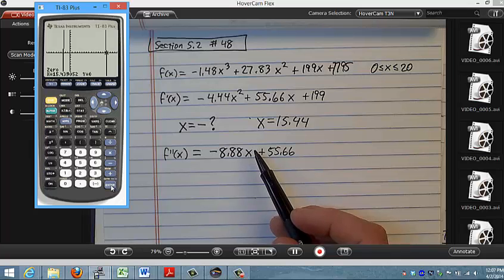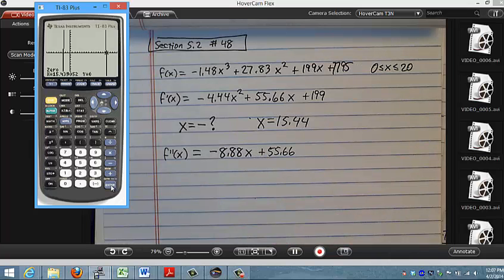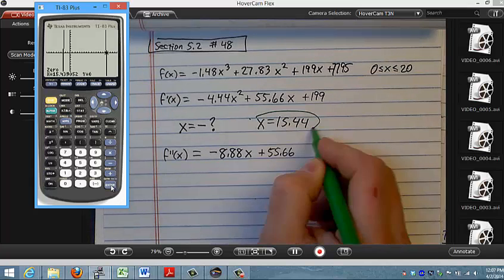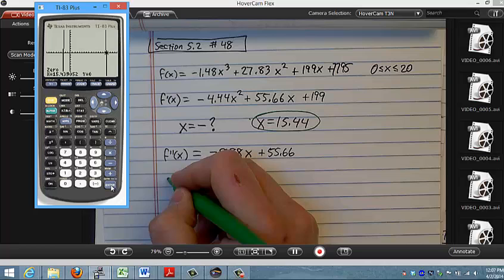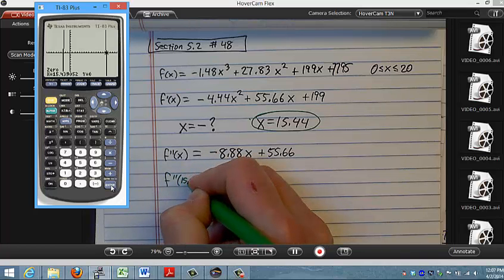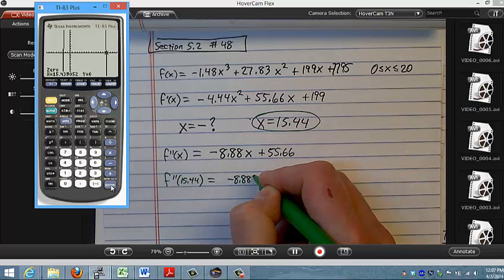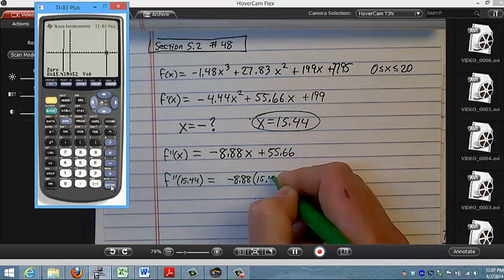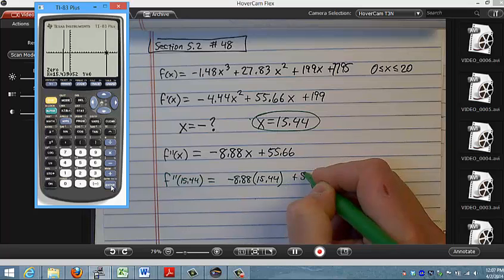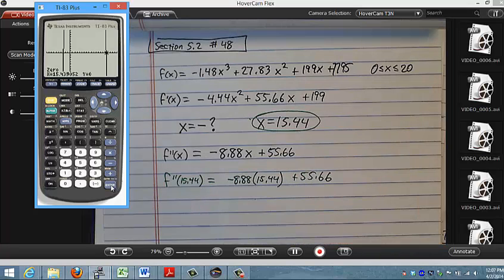And why would I do that? Well, for example, it might be a good idea to take this and put it in the second derivative. 15.44. Now that would be negative 8.88 times 15.44 plus 55.66. And I don't care what it equals. All I care about is I'm looking at this piece, and that's negative, right?